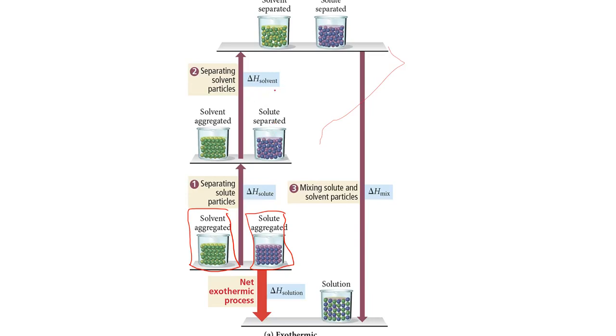Then you add the enthalpy of solvent, you separate the solvent. When the two separate, you mix them. In terms of mixing, you lose energy. That's why the arrow is pointing down. While in terms of separating them, you gain energy. That's why the arrow is pointing up.